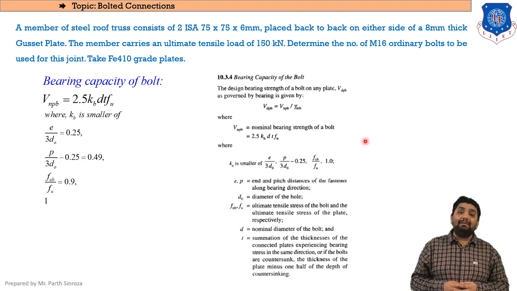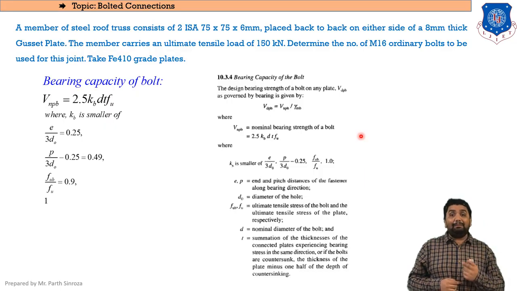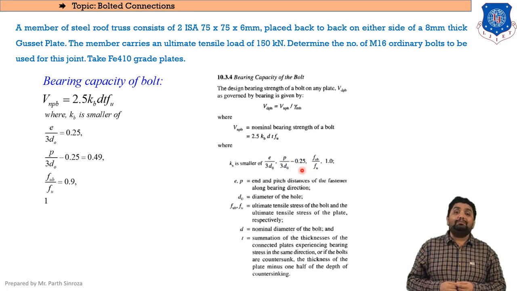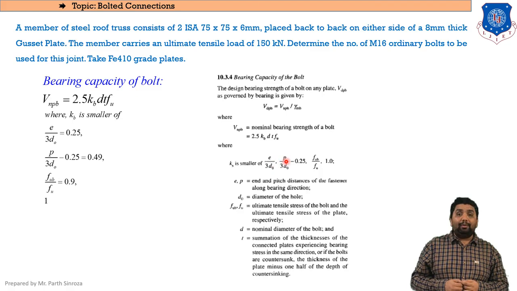So the hole diameter will be 18 mm. So d0 in this case will be 18 mm, and e and p. e was the edge distance or end distance, and p was our pitch. So here the end distance, as we have discussed again in the last lecture, the equation for it will be 1.7 d0. Okay? And for p it will be 2.5 d.